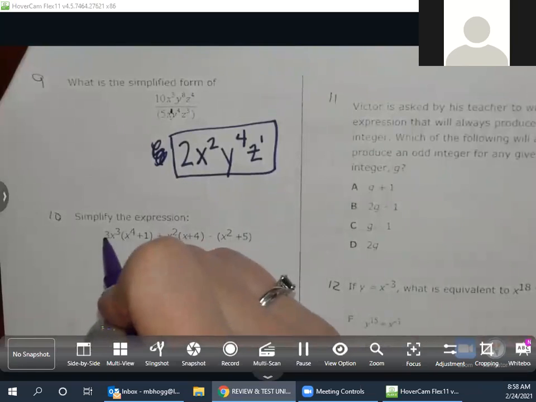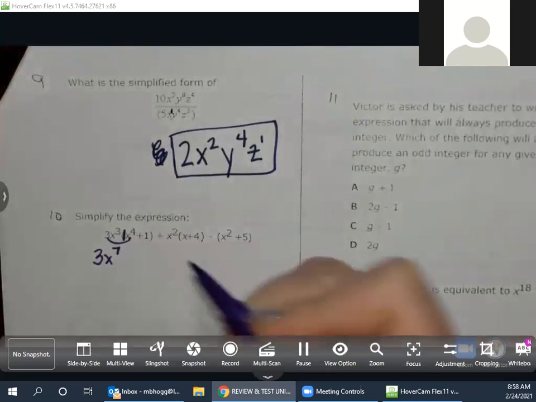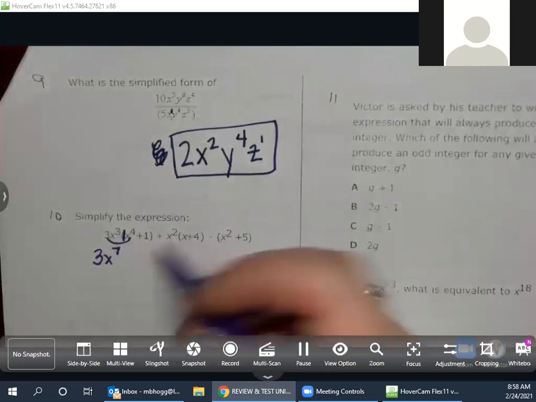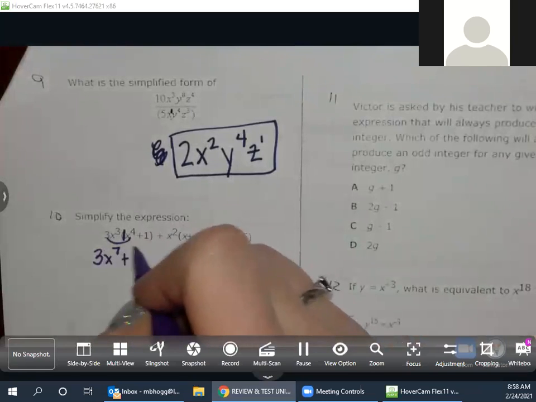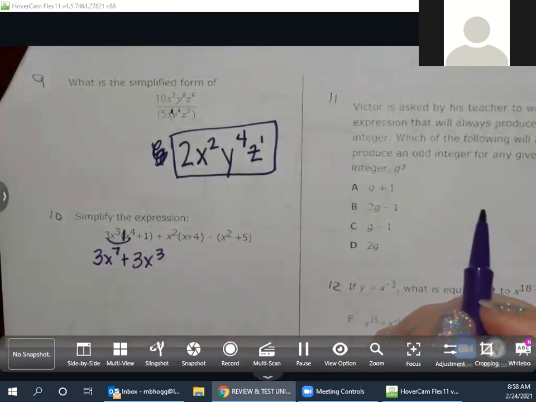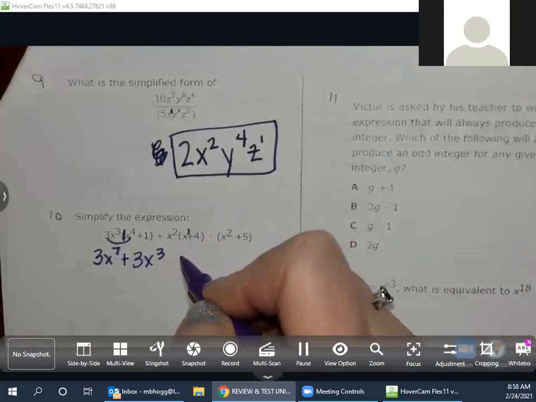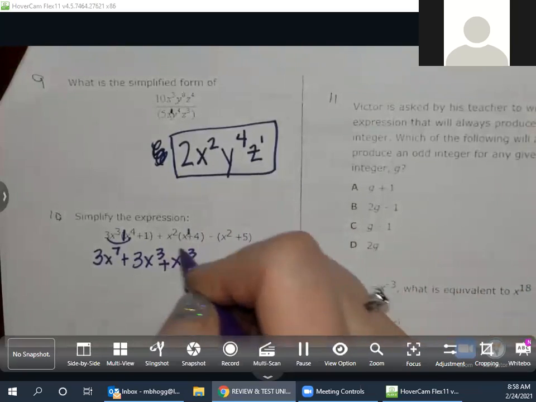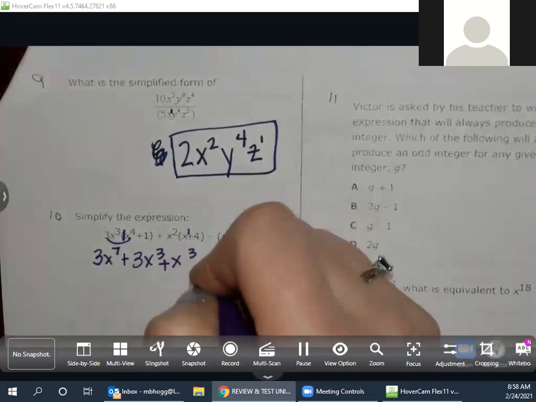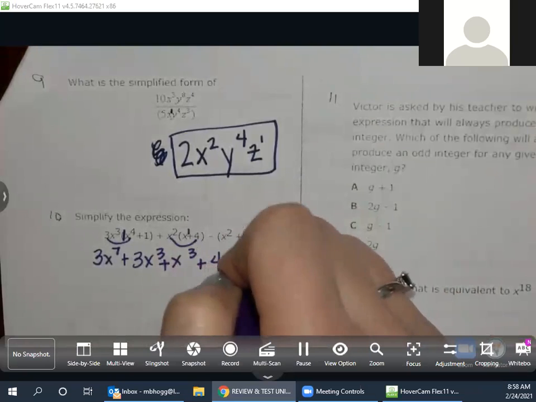All right, so we have 3 times, this is a 1 in front, so it's 3 x to the 4th, x to the 7th, because you're adding your exponents, plus, and then 3x to the 3rd times 1 is just 3x to the 3rd. Here you have x squared times x, so you're adding your exponents, that's just going to be x to the 3rd, plus x to the 3rd, and then x to the 2nd times 4 is 4x to the 2nd.